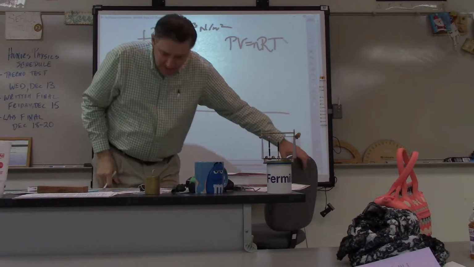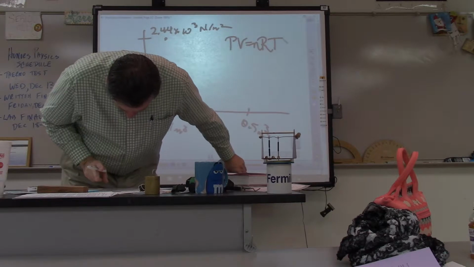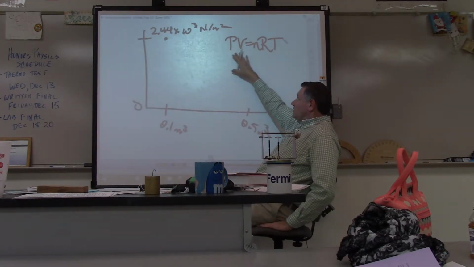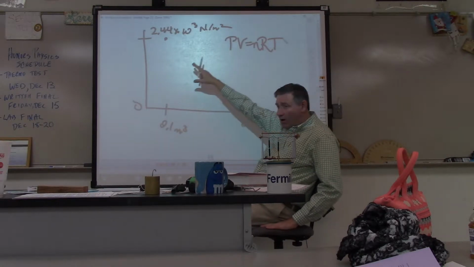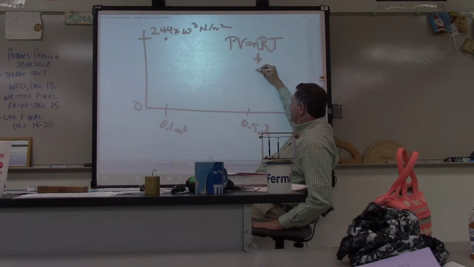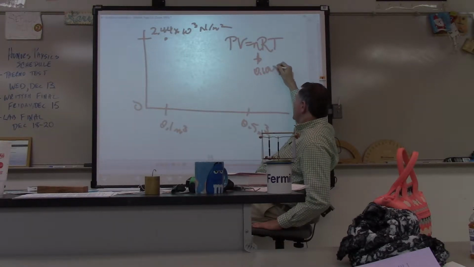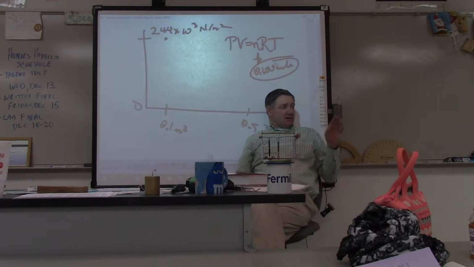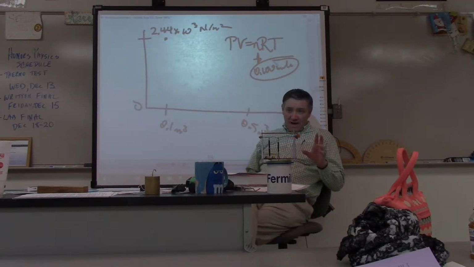So what you want to look at: I've got to remember what the volume is, 0.1 cubic meters. In all of these processes, we're going to keep the same number of moles, which for this example is 0.01 moles. Throughout this, we're not going to change the number of moles of gas.